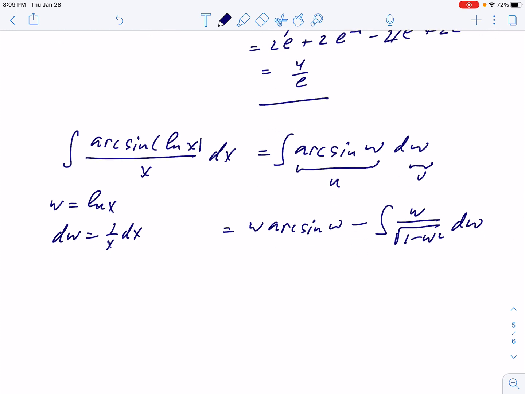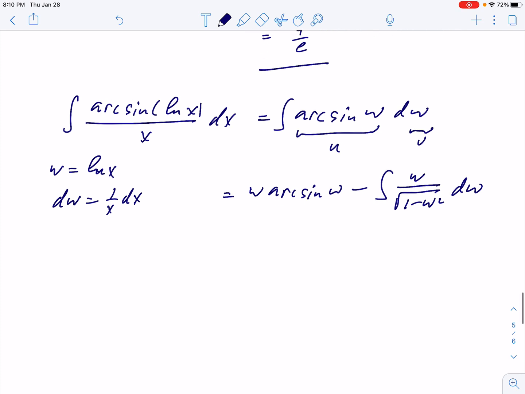For this second integral, we have to do a substitution. So I prefer to do it on the side. Let's take here w dw over square root 1 minus w squared. The substitution will be, oh, what letter now? Well, I shall go with u. We don't need u anymore above.